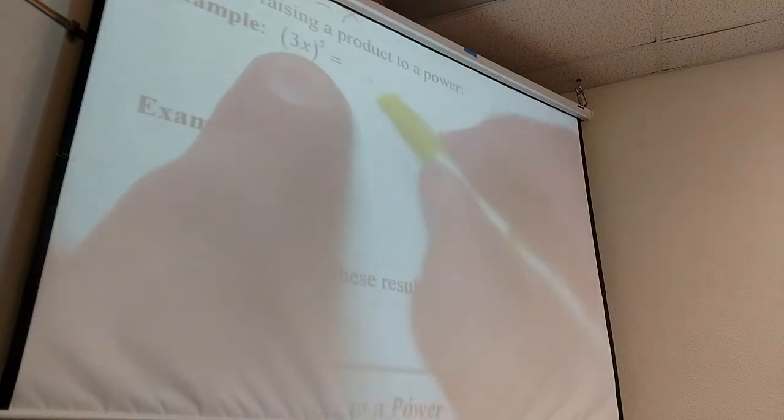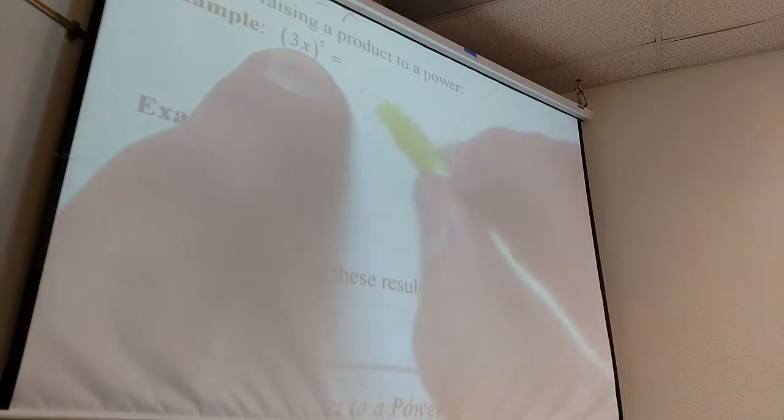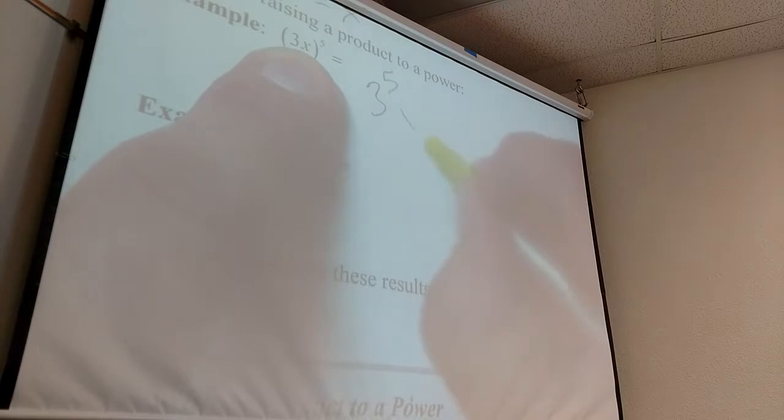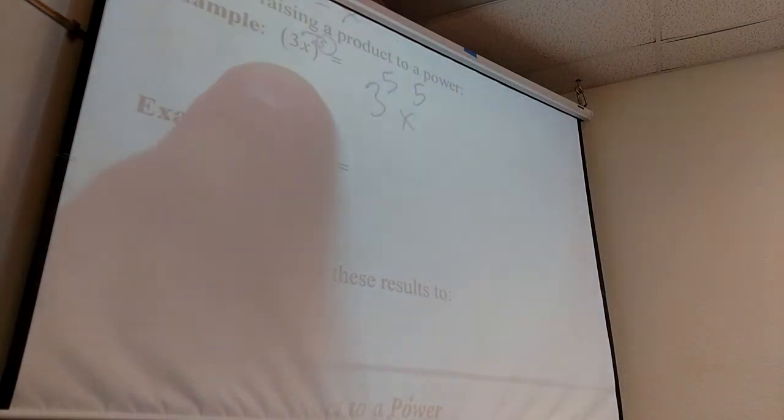Oh, what about this guy? What happens here? Well, then you're saying that only x is being raised to the 5th. What's being raised to the 5th power? 3 and x. So it would be 3 to the 5th, x to the 5th. The 5 distributes to both.